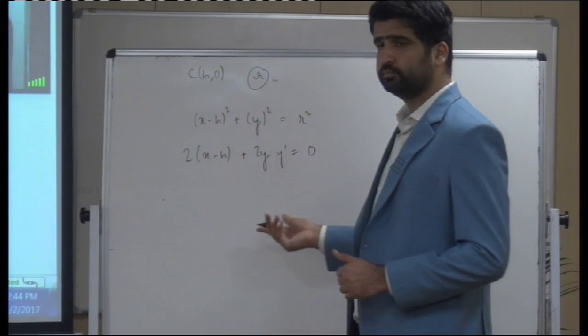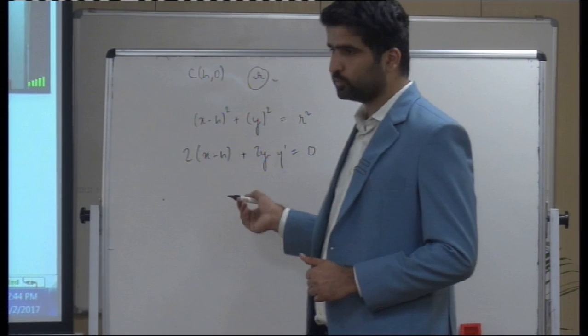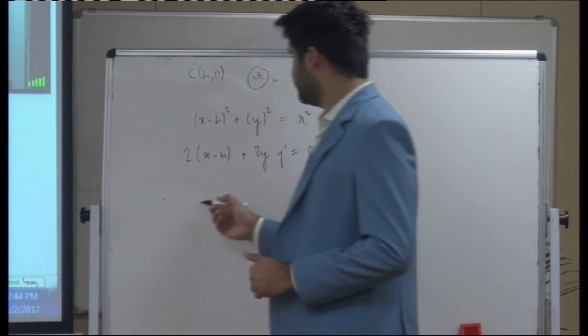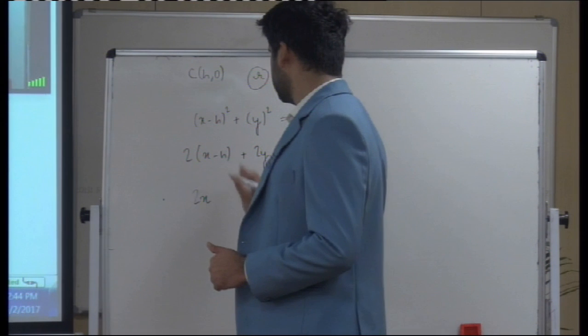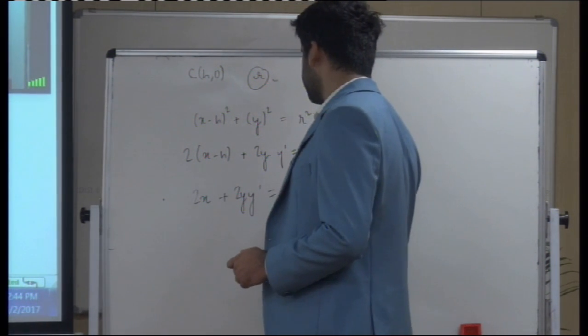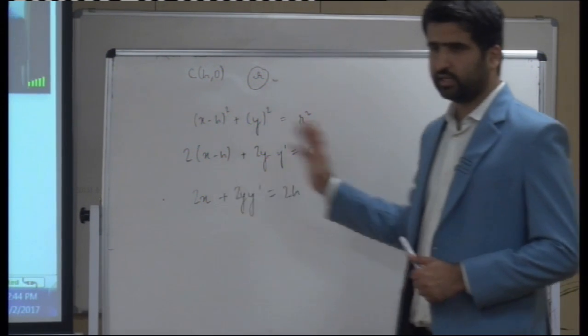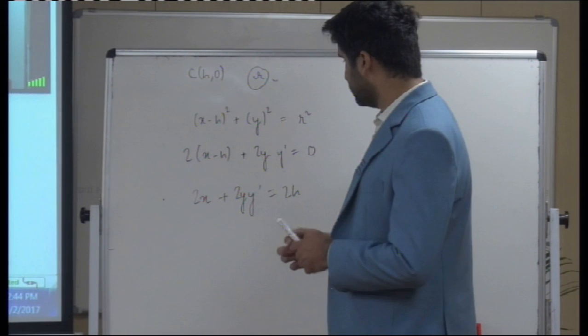Next step, we have to differentiate it once more. Right? So differentiated, what do we get? So we can do it like this. We have 2x plus 2y y dash is equal to 2h. Taking the variable on one side, right, and the constant on the other side.